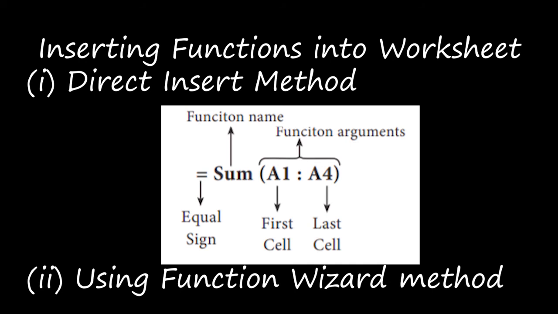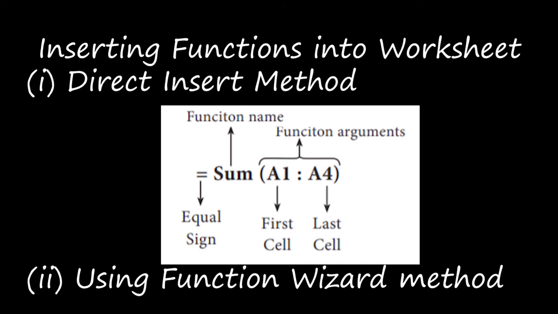So the equal sign first, then the function name, and then inside the bracket the function arguments: the first cell and the last cell separated by a colon.